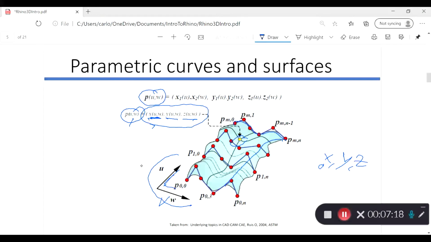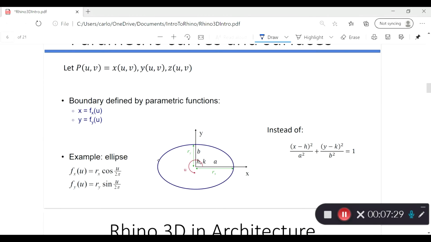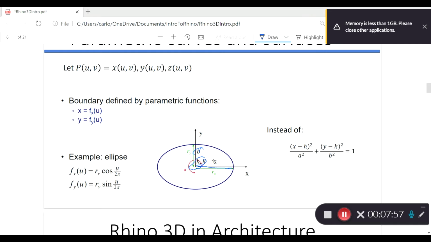So this is a very convenient, elegant, and powerful method, because if you remember, in calculus or algebra, you would plot an ellipse as (x minus h) squared divided by a squared, where a is this length, and (y minus k) squared divided by b squared, and b is this length, and h comma k are the origin.